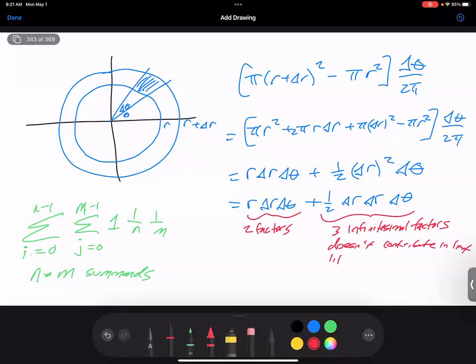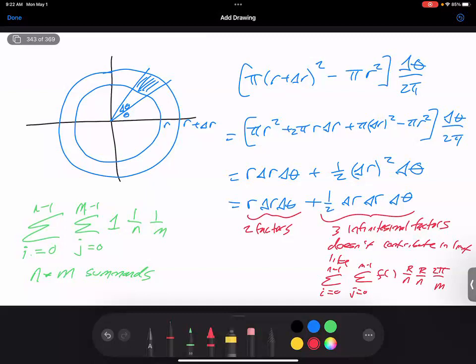It's like a sum i goes from 0 to n minus 1, sum j goes from 0 to m minus 1, our function, and then the delta r, call that 1 over n, call the next one 1 over n, and call the theta something like 1 over m. If you want, we can do capital R, 2 pi for just how big they are.